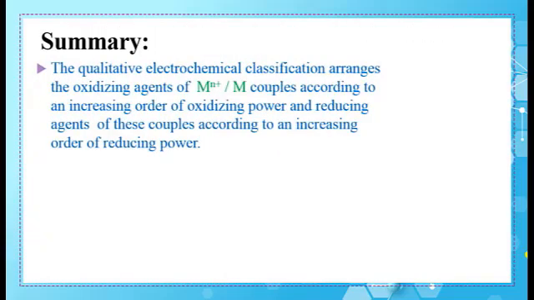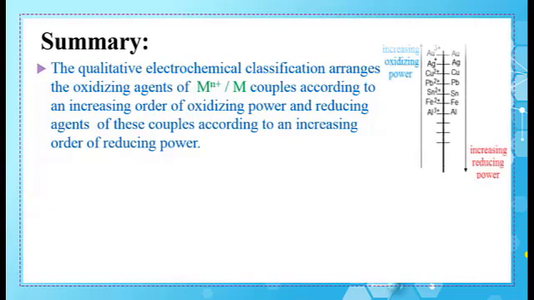The summary of this lesson: first, the qualitative electrochemical classification arranges the oxidizing agents of the Mn+/M couples according to an increasing order of oxidizing power, and the reducing agents of these couples according to an increasing order of reducing power according to the axis.